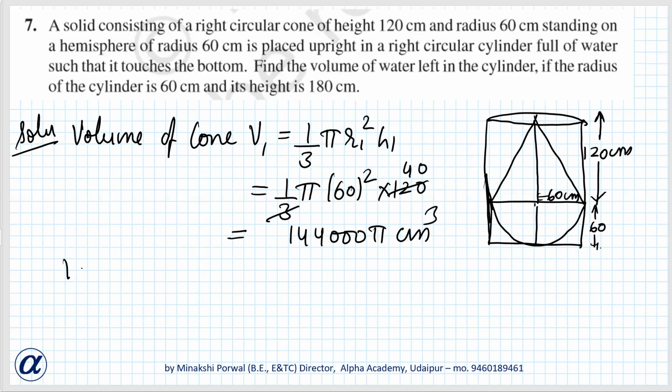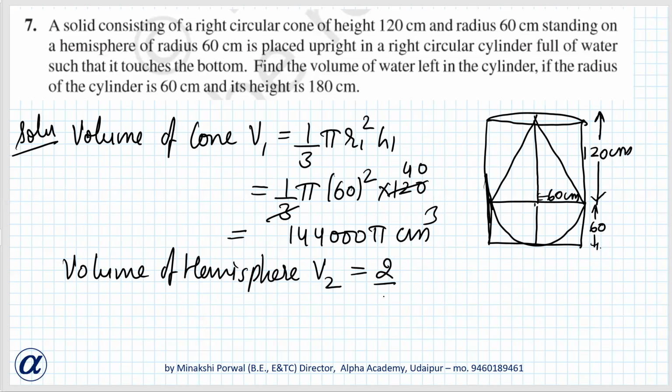Now volume of hemisphere, let it be V2, that is equal to 2 by 3 pi r cube. And the radius of the hemisphere is also 60. So it is 60 cube.